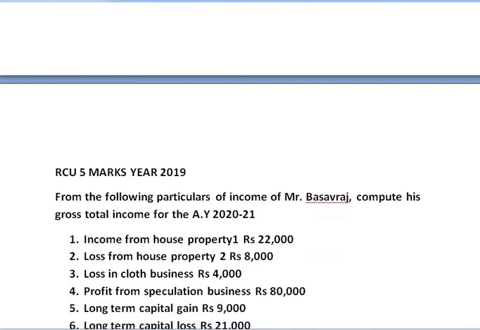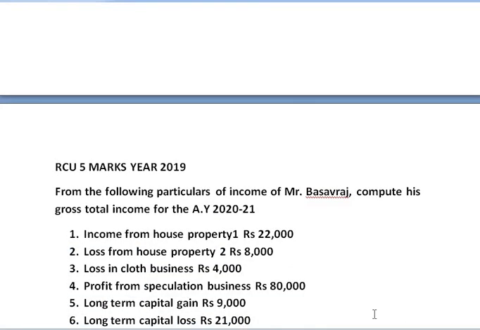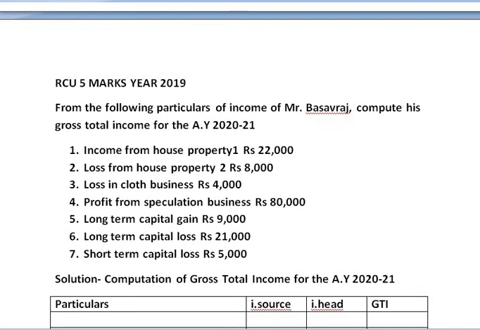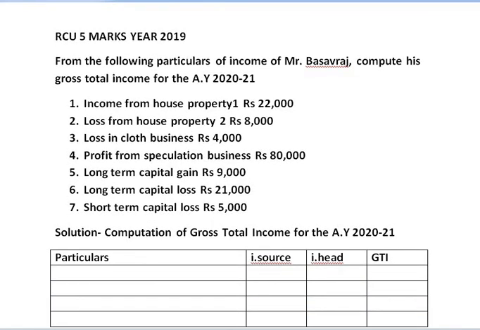Coming to the next, we are going to solve one more question paper problem, which appeared in an examination of Rani Chennamma University for 5 marks in the year 2019. And the question is, from the following particulars of income of Mr. Basavraj, compute his gross total income for the assessment year 2021.